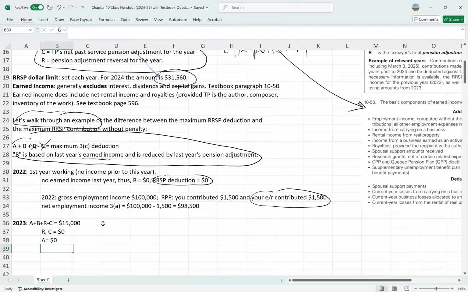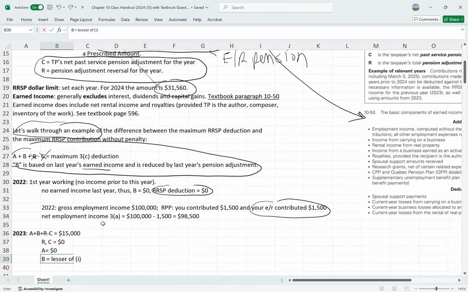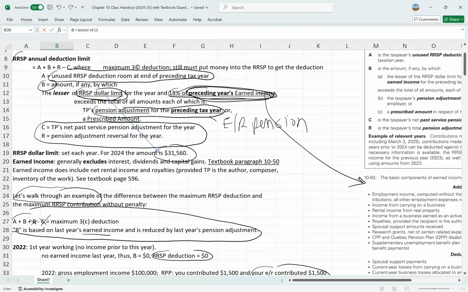And then we get to the B amount. B is the lesser of the RRSP limit. Now, this limit changes every year. This 31,560 is the limit for 2024. It increases every year.